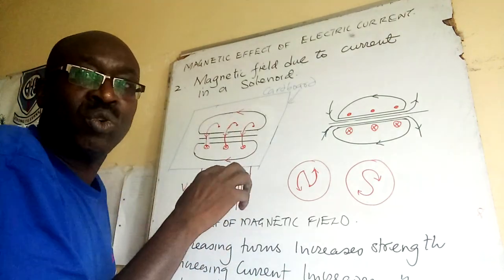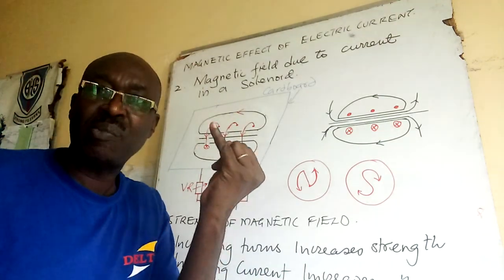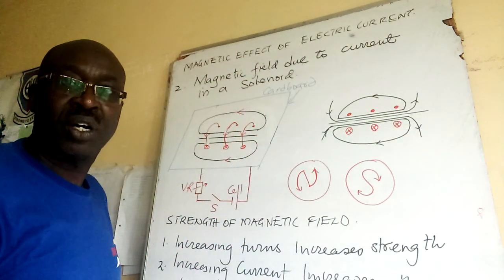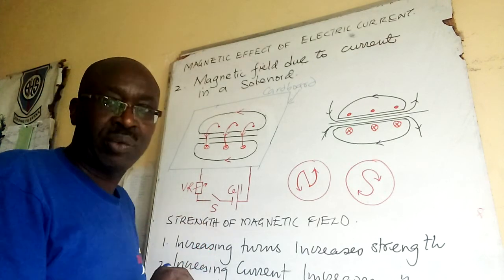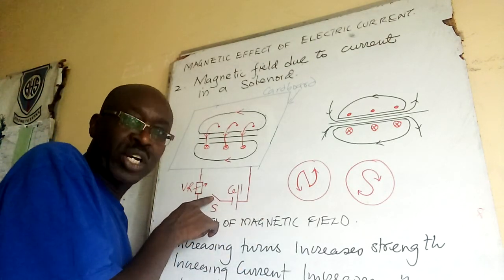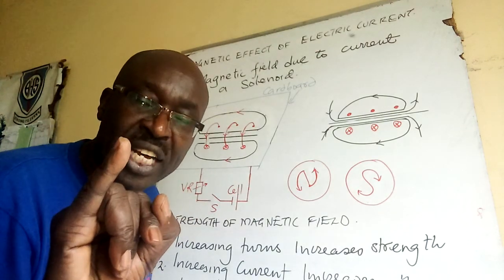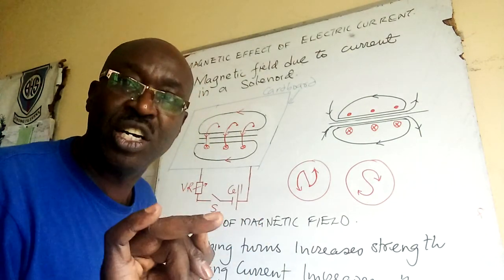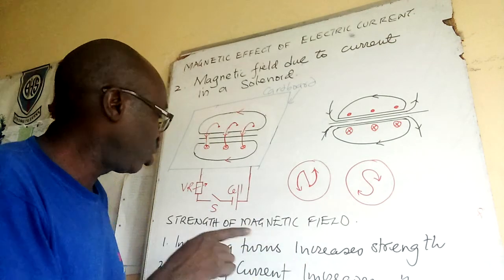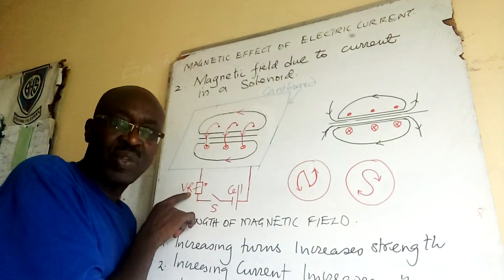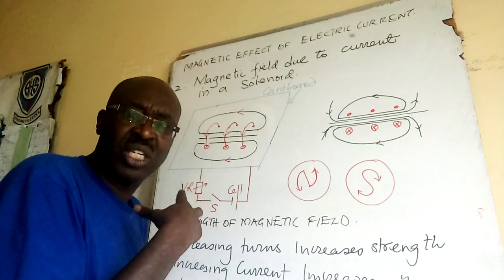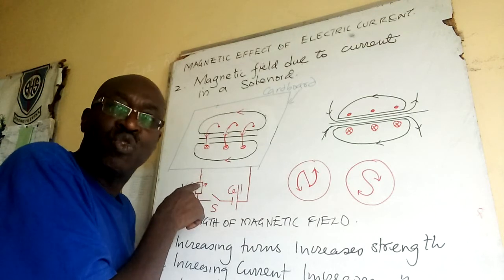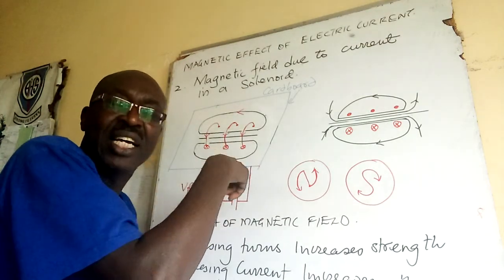So, how do we ascertain? Number one, you can sprinkle iron filings when the switch is on. Switch on the circuit. When we switch on the circuit, current flows. The magnitude of current can be varied using a variable resistor, VR. A variable resistor is used to vary the amount of current in a circuit.